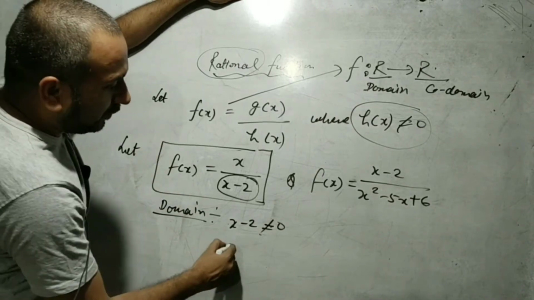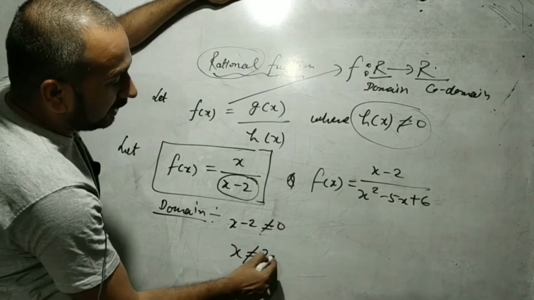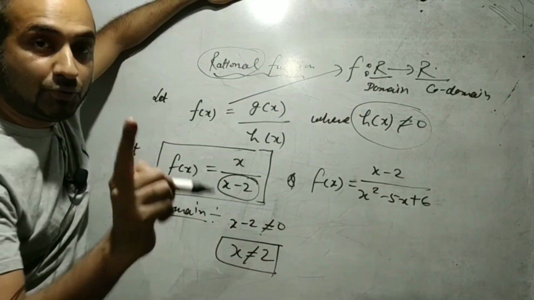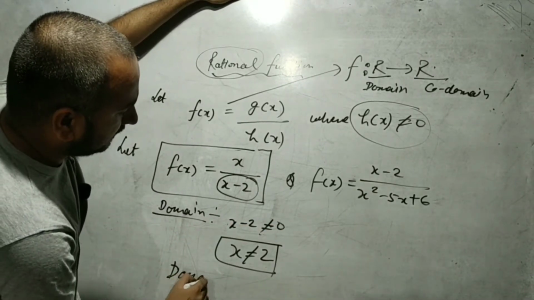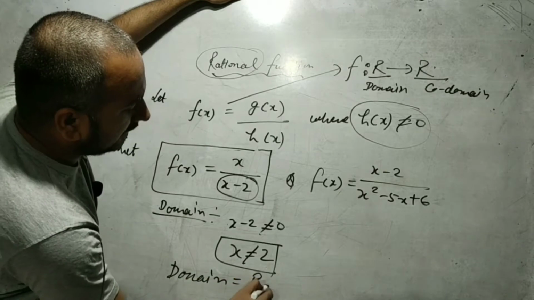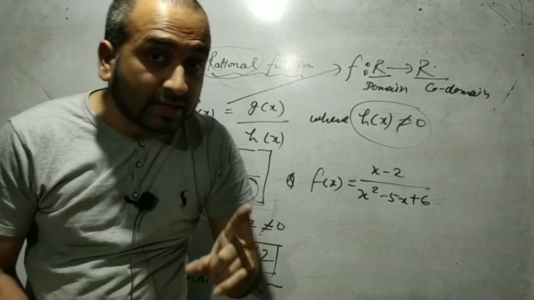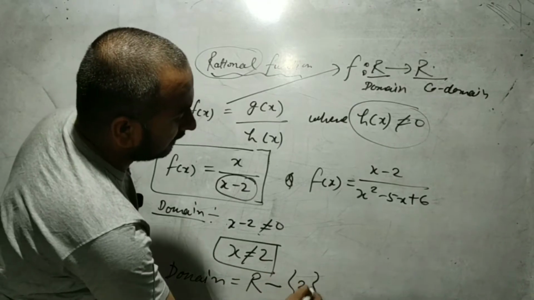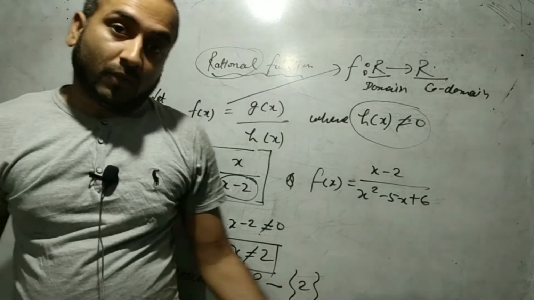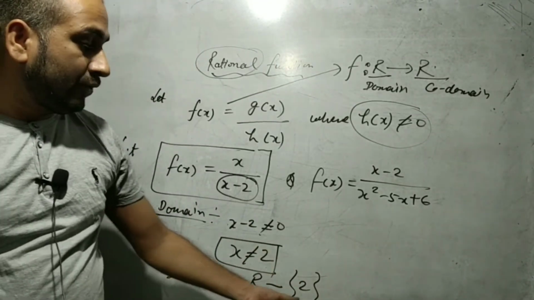So x does not equal 2. All the real numbers can be taken, but 2 cannot be involved.